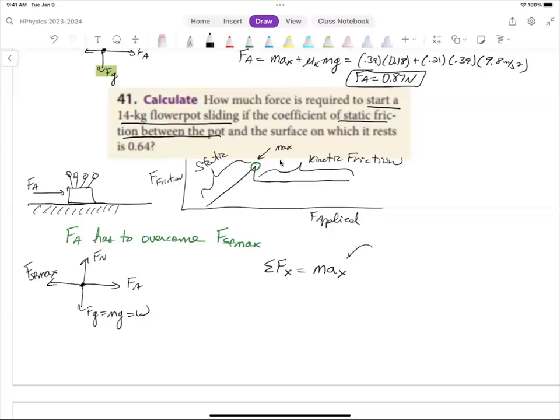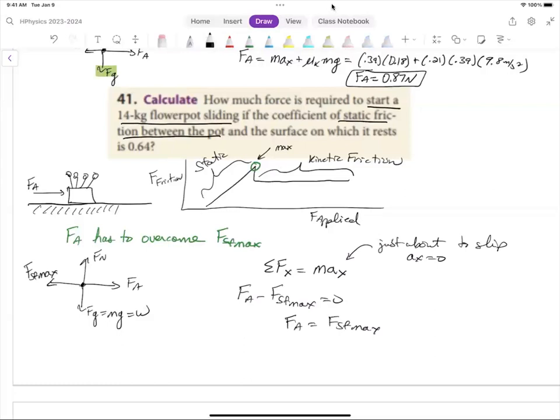Now, when I'm just about to slip, we will say that the acceleration is 0. Okay? So force applied minus force of static friction max is equal to 0. Force applied has to equal force of static friction max.